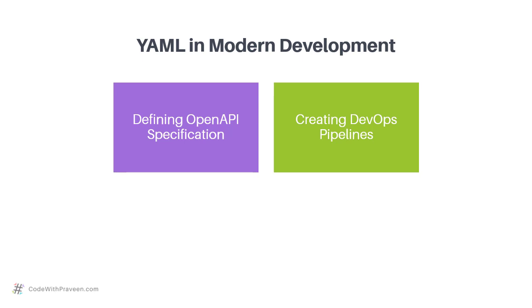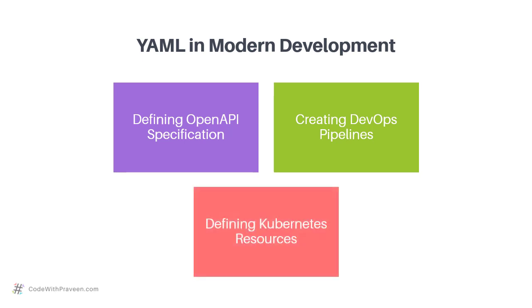It becomes even easier to manage in this way. Next, YAML is used to define the Kubernetes resources. When you are working with Kubernetes, you need to configure or define the various resources that form part of Kubernetes. YAML is being used actively to define such resources in the case of Kubernetes.